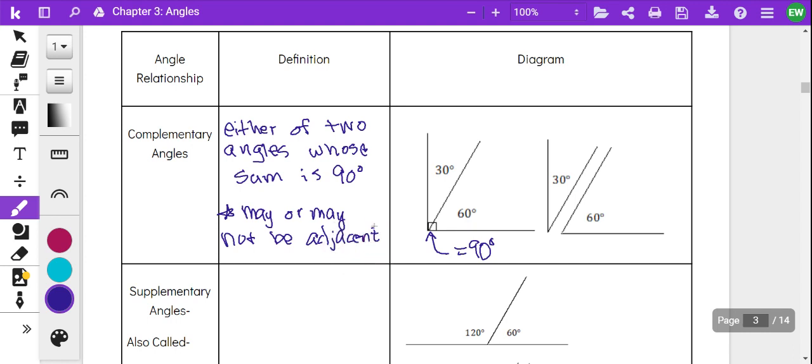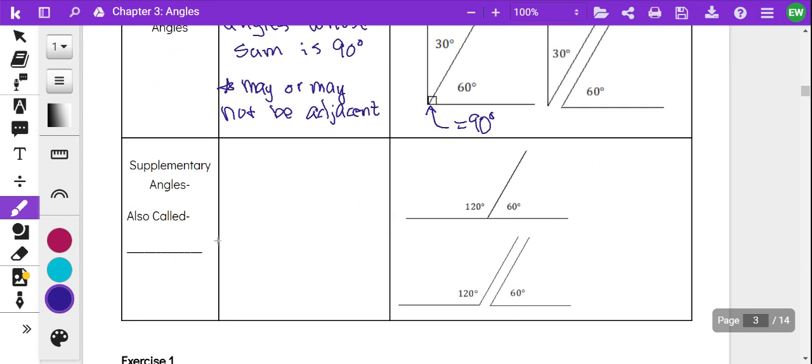Okay. Again, you can pause if you need to. We're going to cross this out. I don't even know what that was supposed to be. Now we're going on to supplementary. So as you can see, supplementary, if they are adjacent, they will form a straight line. And you know that to be true, that a line is 180 degrees.